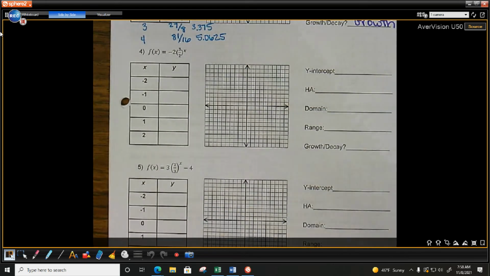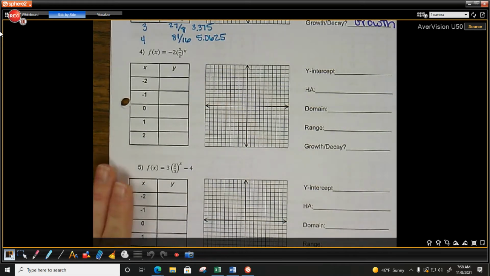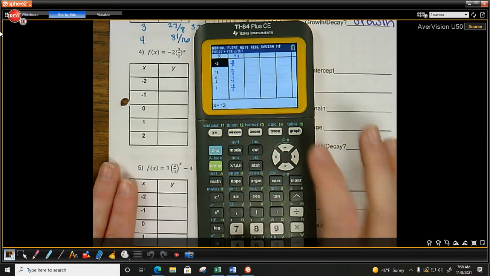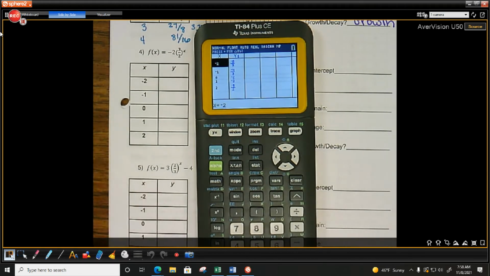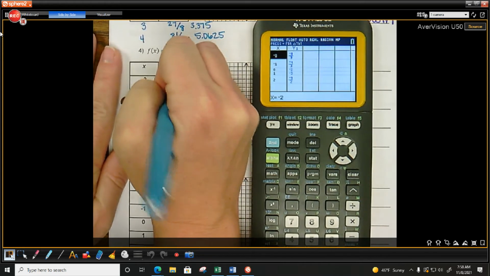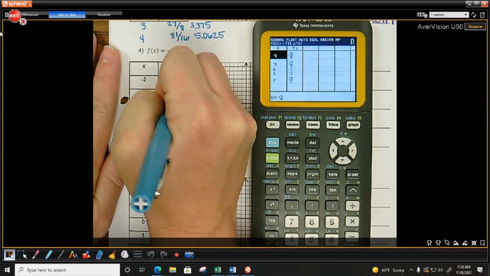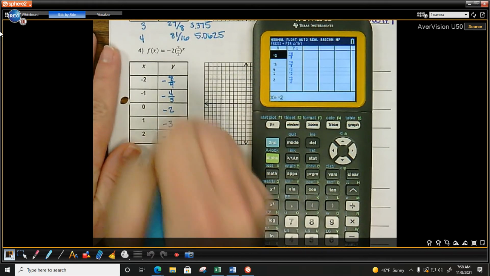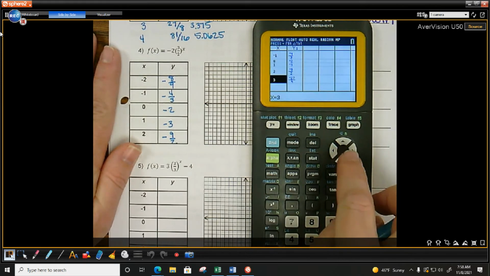Okay, so let's go to our table. Let's see if 3 fits. 3 also fits. So I'm also including 3.